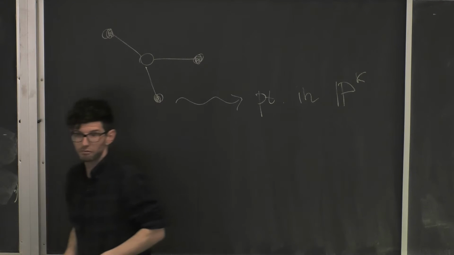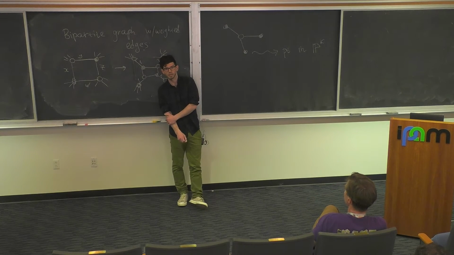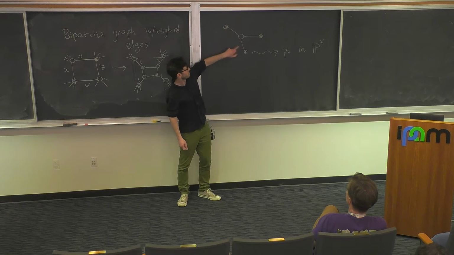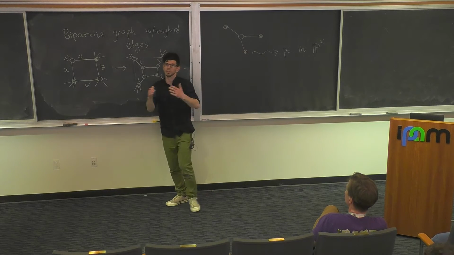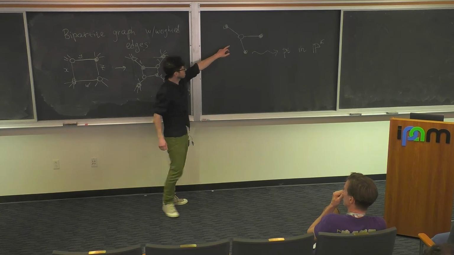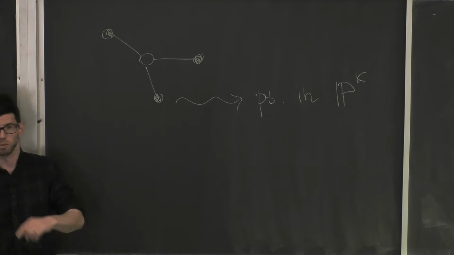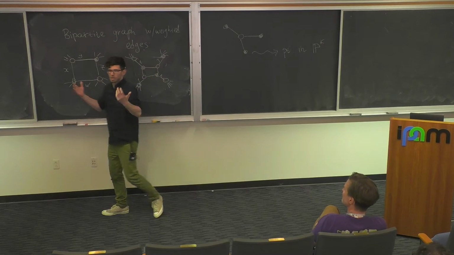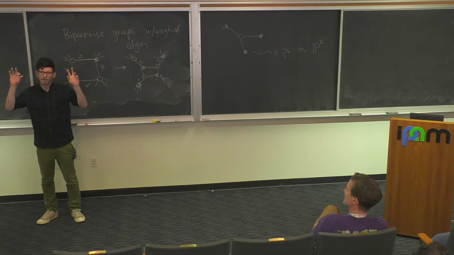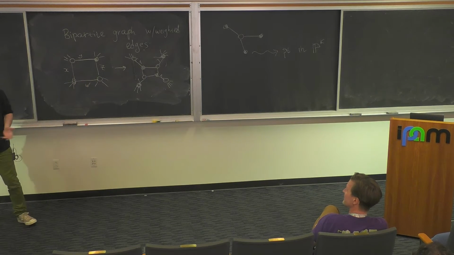The dimension is the same for all vertices, and the condition that this is supposed to satisfy is that if you look at all neighbors of a given white vertex, then these neighbors are linearly dependent. So for instance, for three-valent vertices, what it means is that these three black points lie on the same line. If you had 4 points, they're supposed to form a circuit, a minimal linearly dependent set.